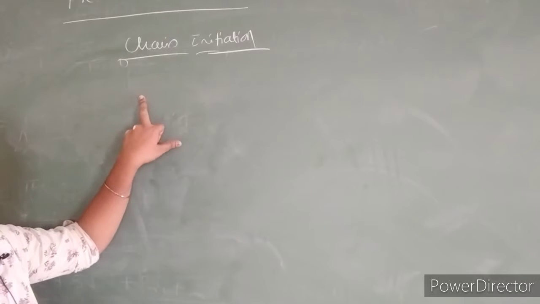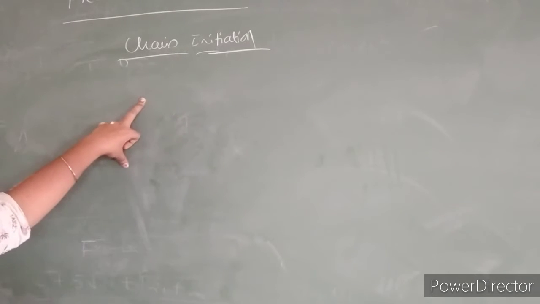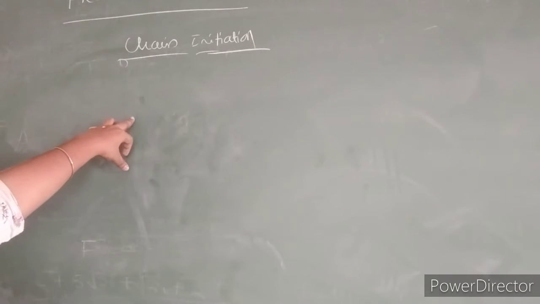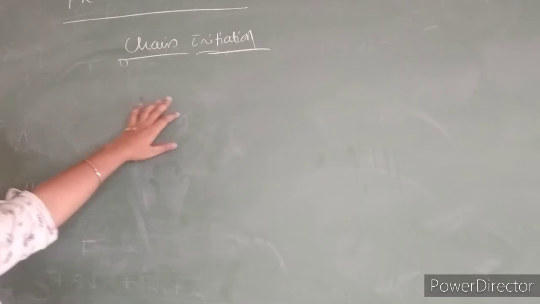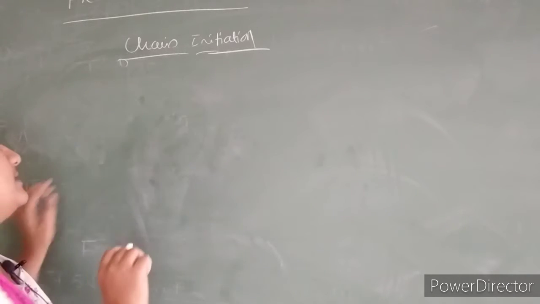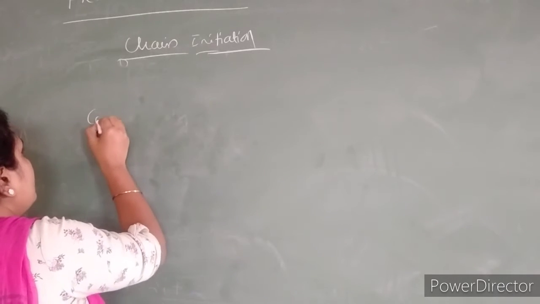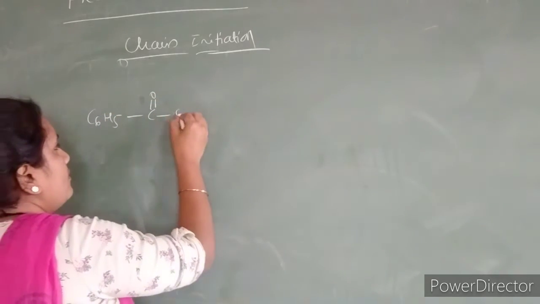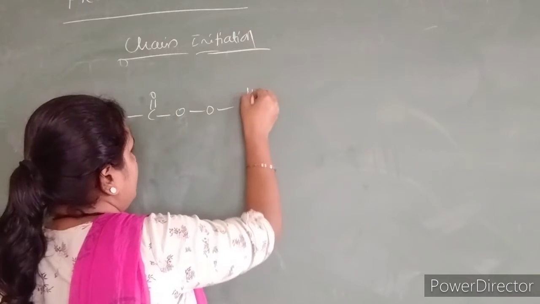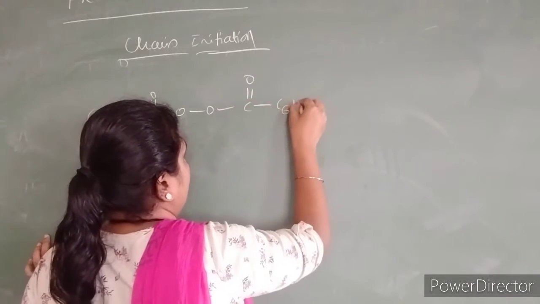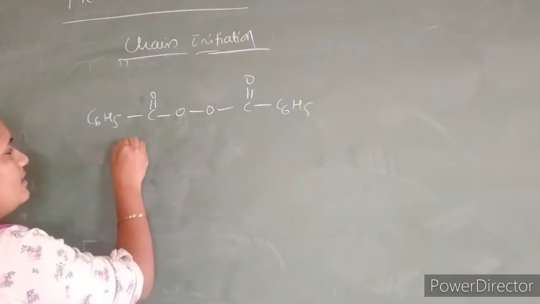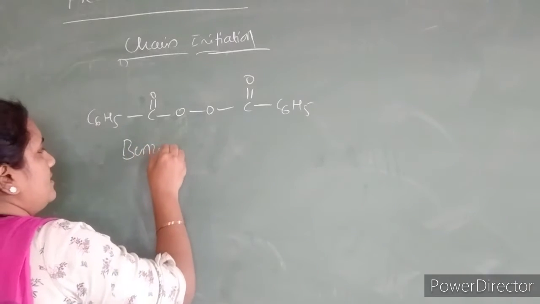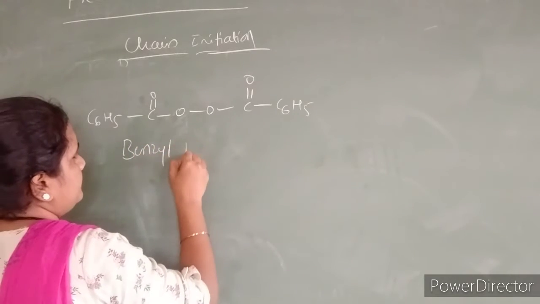We are using benzoyl peroxide or also acetyl peroxide or also tertiary butyl peroxide as a catalyst or as an initiator. If I take benzoyl peroxide, C6H5 C double bond O linked to O, then C double bond O C6H5. So this is the benzoyl peroxide initiator, or also catalyst.